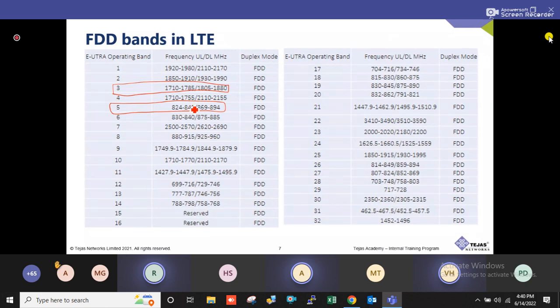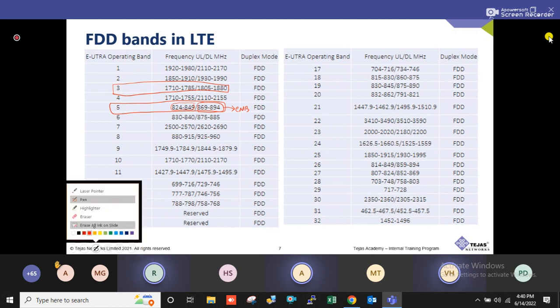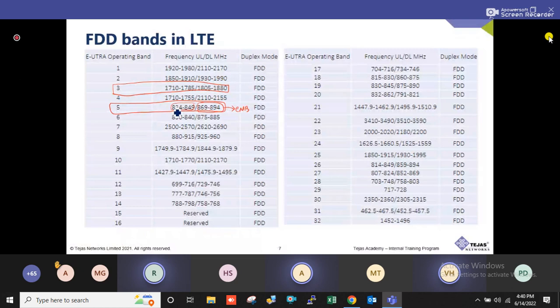You can make a difference here. You can see this is the lower range of frequency and this is the higher range of frequency. Always the higher range of frequency is given to eNode B, and the lower range of frequency is always given to UE.